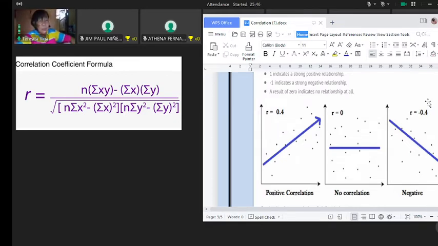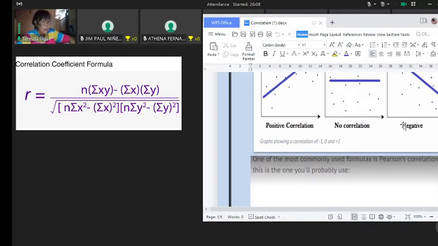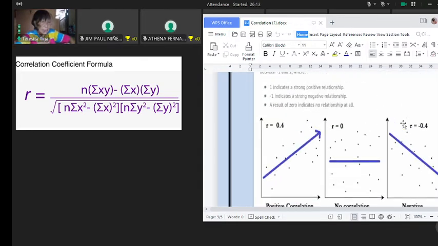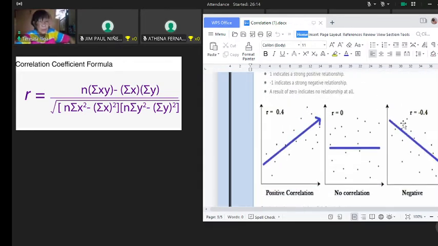If you solve for your correlation and your answer is more than 1, for example r equals 10, that is wrong data applied to your formula, or there is a wrong computation, because the answer here is only between -1 and +1. So in the first example, where we have positive 0.4, that is less than 1, so there is a correlation that will be established.